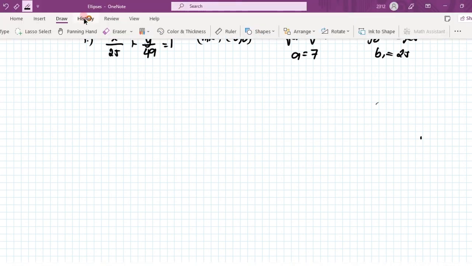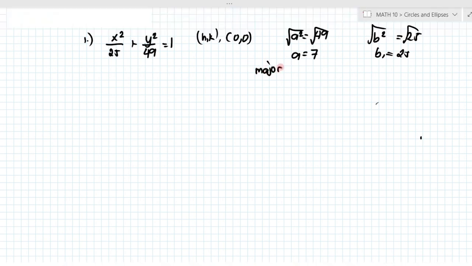There are two types of vertices in our ellipse. First, the major, which lies on the major axis, and then the minor vertices.